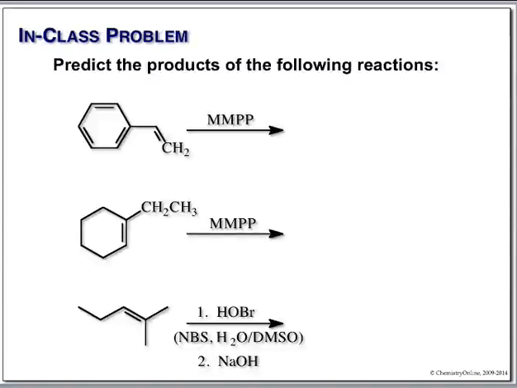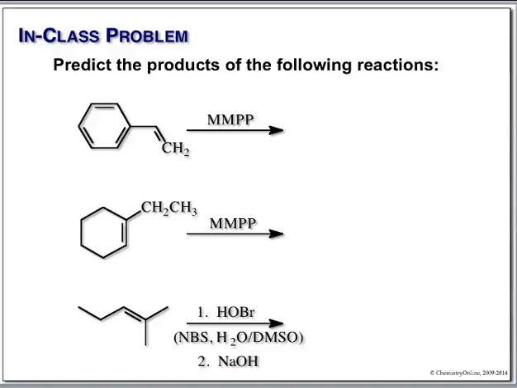Remember, MMPP stands for magnesium monoperphthalate. It is simply a code word for a peracid. So here above the arrow, again, you could see the structure of a peracid written. You could just see the word peracid, or you could see something like MMPP.